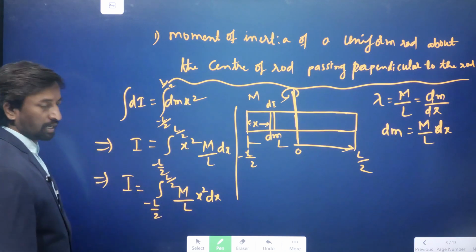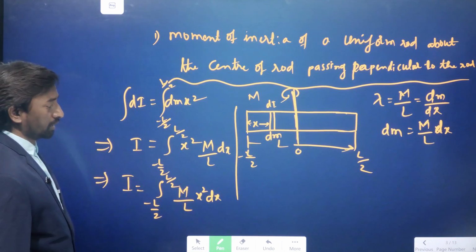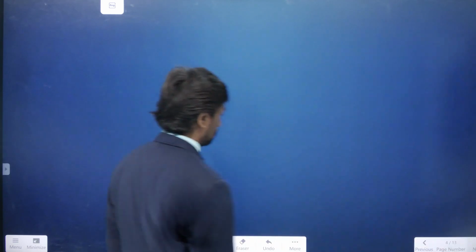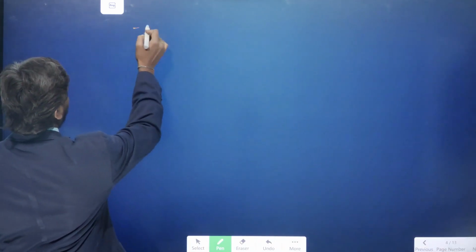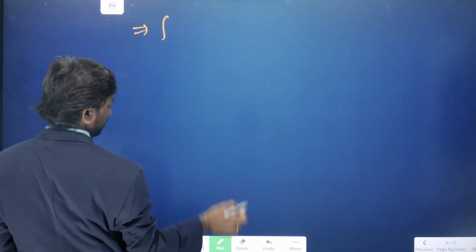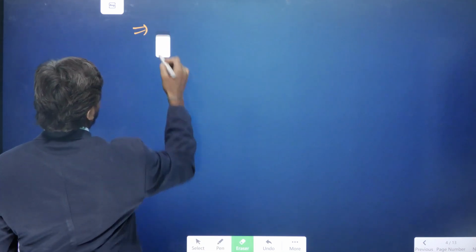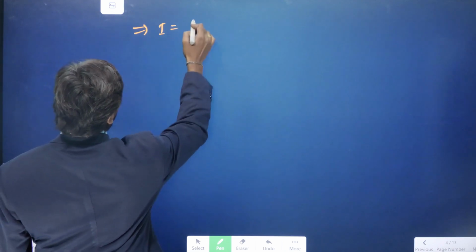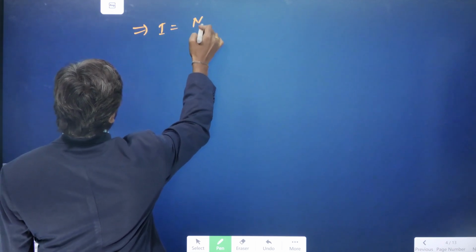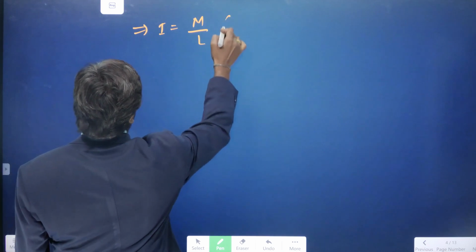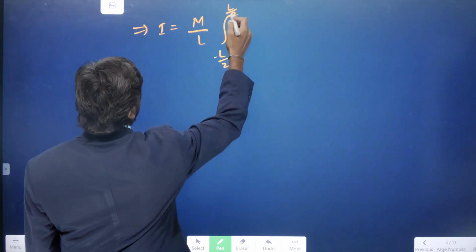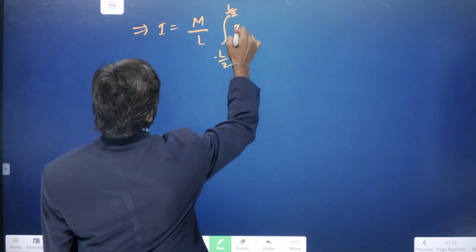Now M by L is a constant, so it can be taken out of the integration. So I is equal to M by L, common, and the integral from minus L by 2 to L by 2 of x square dx.